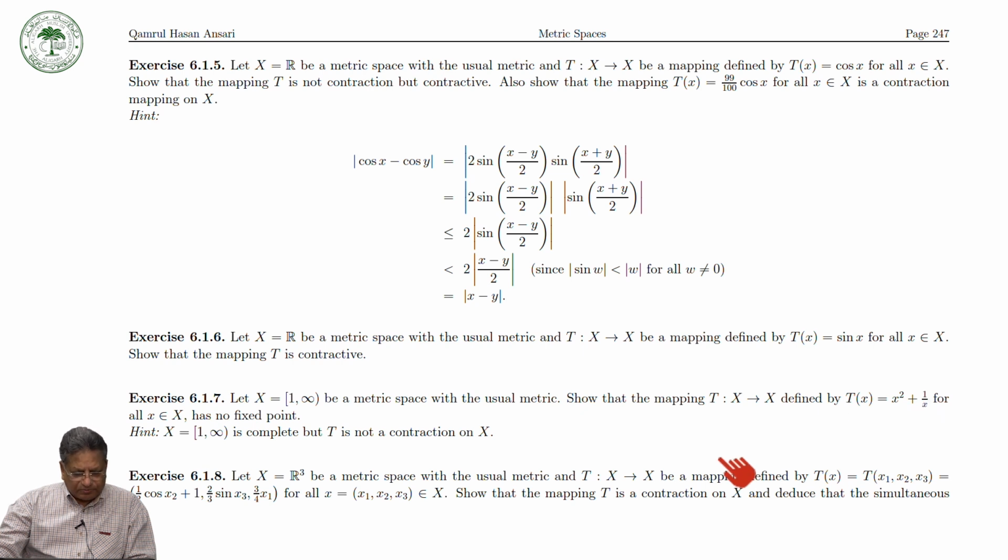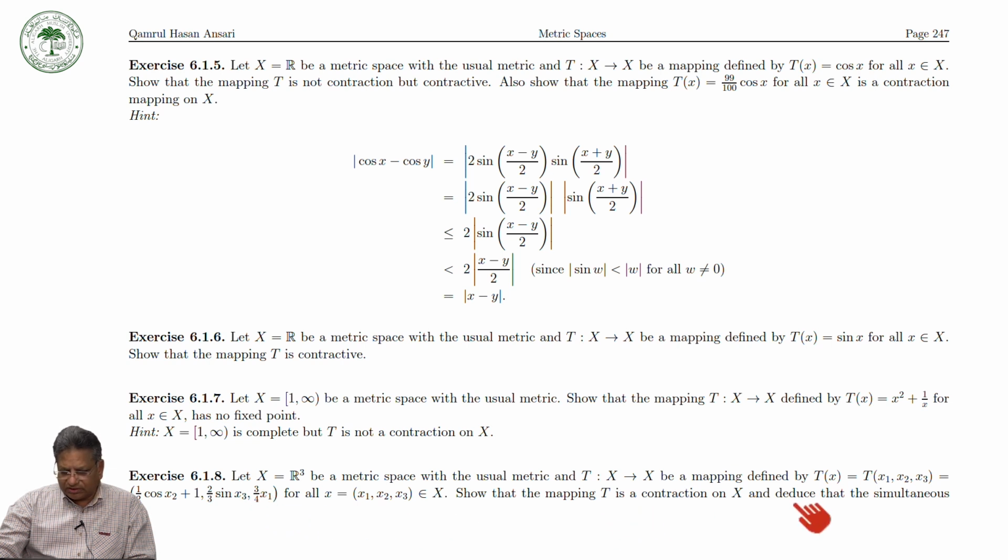The second thing is, let us take X = R^3, a metric space with the usual metric, and T is defined as Tx = (1/2 cos x2 + 1, 2/3 sin x3, 3/4 x1).